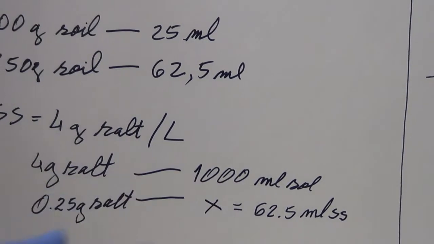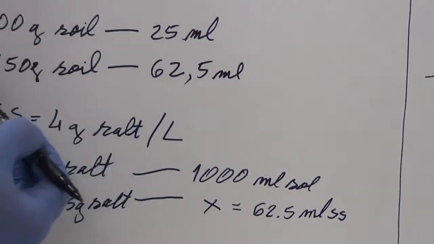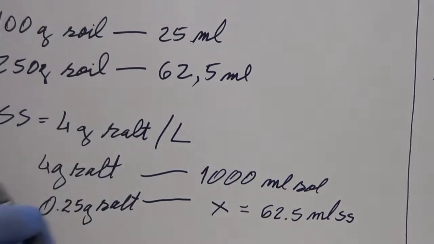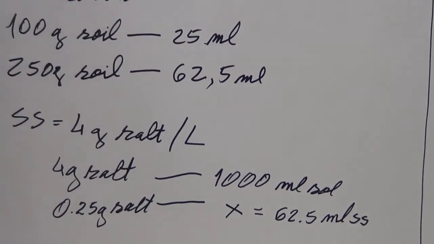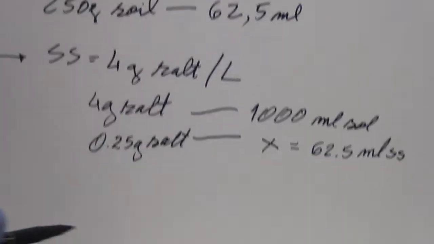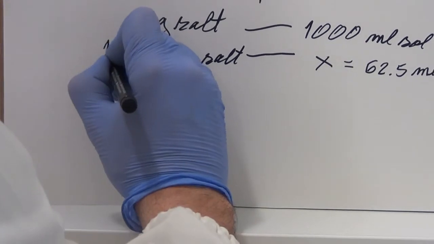This is exactly the amount of water that we need to have in the amount of soil that we want to fill one of the sections of our replicates. So it's perfect in this case. This is for the first case.